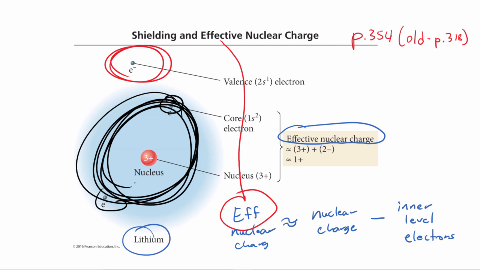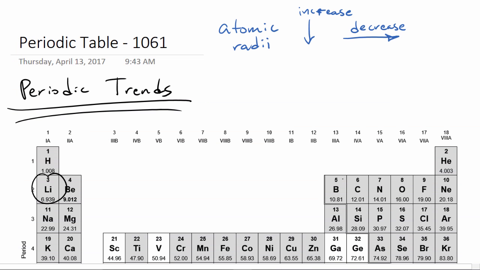Now if we start looking at the elements as we go across a period, let's look at lithium, boron, and neon. I'm picking 3 elements from period 2, and I'll write out their electron configurations.